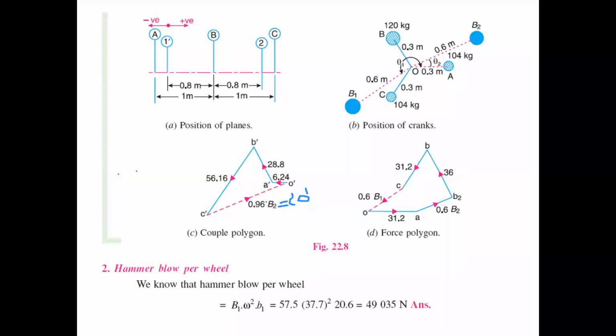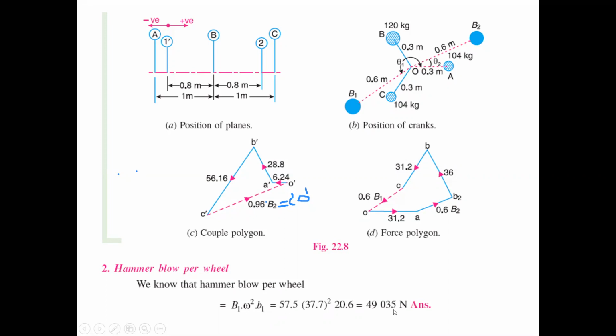So the hammer blow value is already known. What is the formula? B omega square B. Just observe. B omega square B1. So here let us take B1 omega square B1.